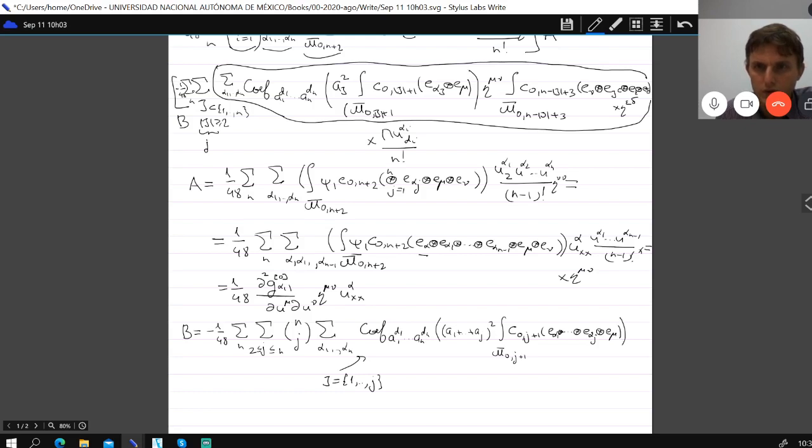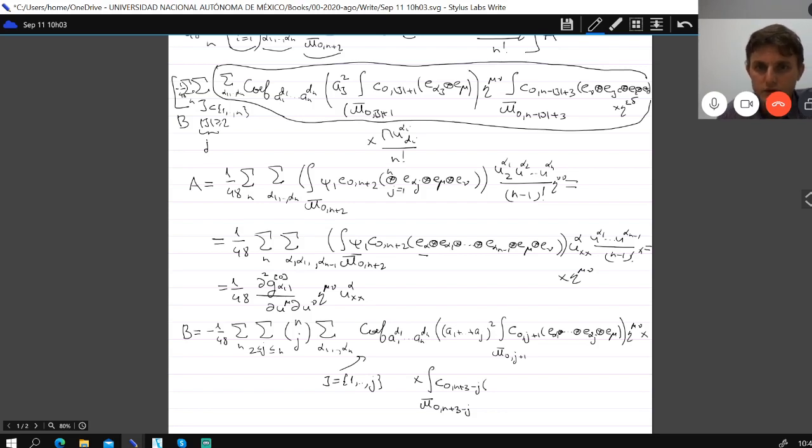Then E mu nu times the integral over M0 n plus 3 minus J small, C0, 3 n plus 3 minus J small.